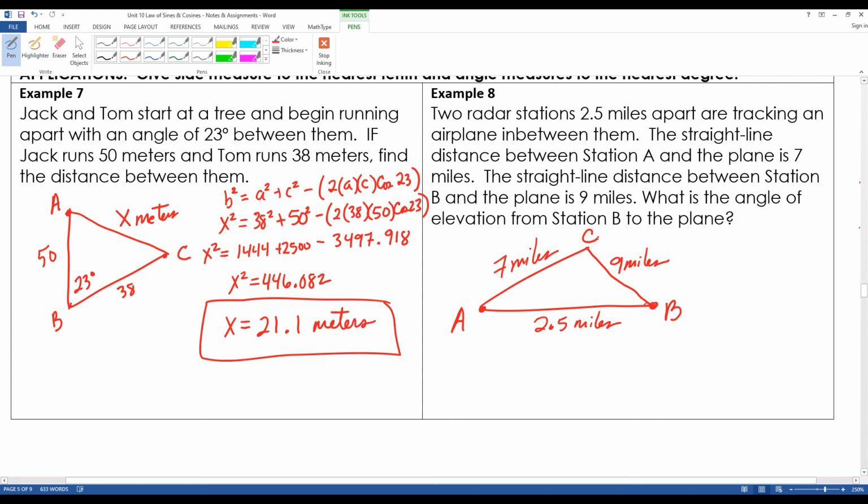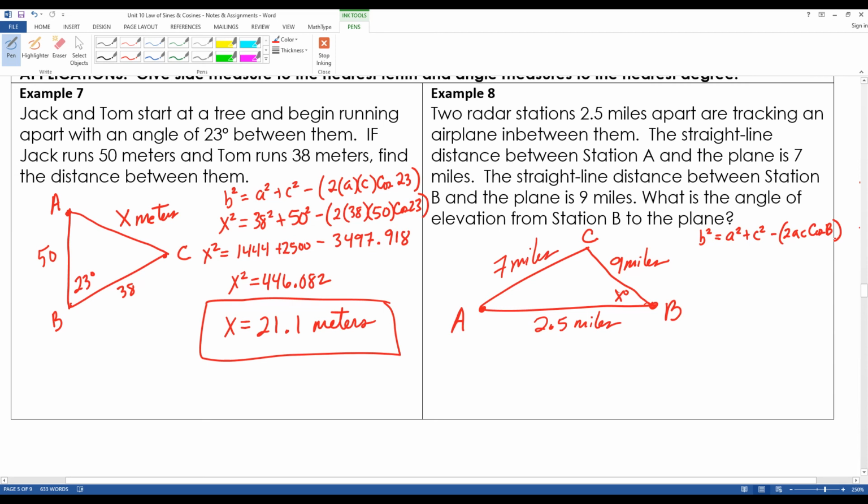What is the angle of elevation from station B to the plane? So this would be the angle right there. Okay, so now we're going to use B. Let's go B squared equals A squared plus C squared minus 2AC cosine B. Now we're going to find the angle.